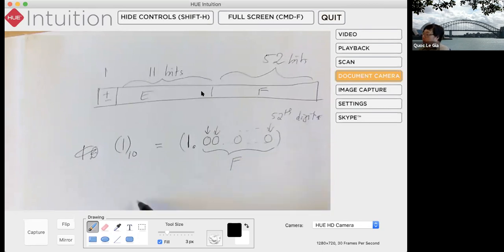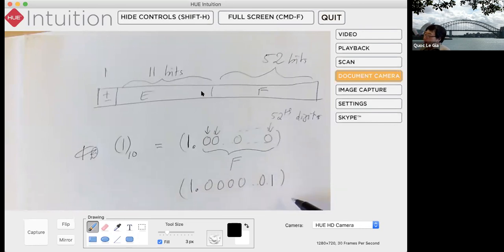Now remember the odometer in your car. When you run to the next kilometer, the very last digit turns to the next number. Here it is the same. Suppose you increase the last digit, then this one becomes 1, and everything else is still 0, and the first one is still 1.